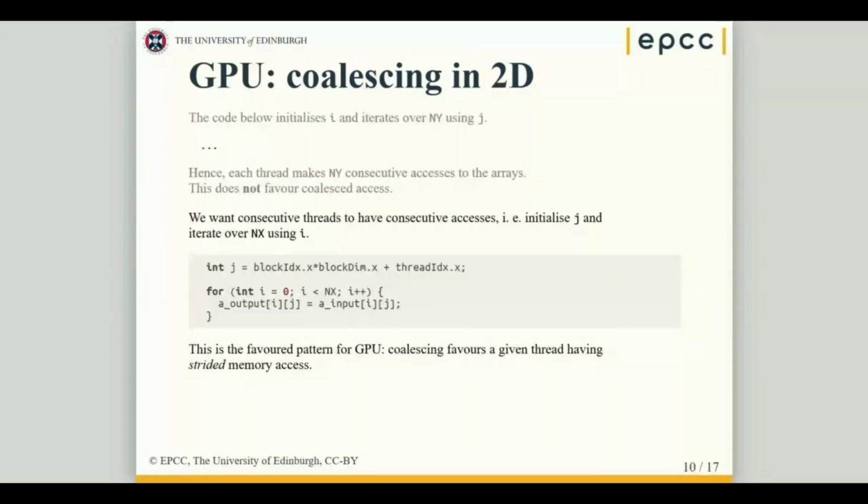To be coalesced, the for loop needs to be over i first rather than over j. We will need to iterate over nx rather than over the other dimension.